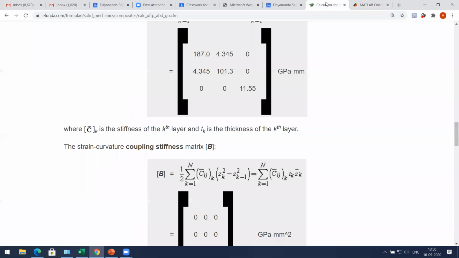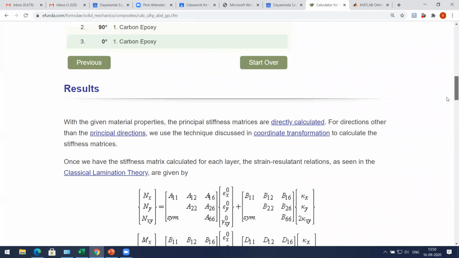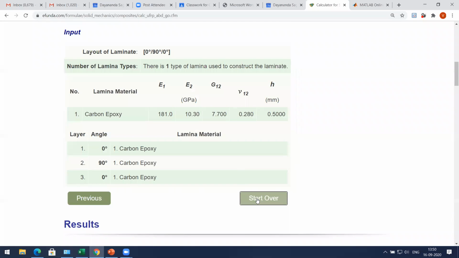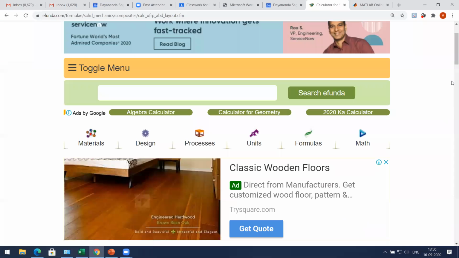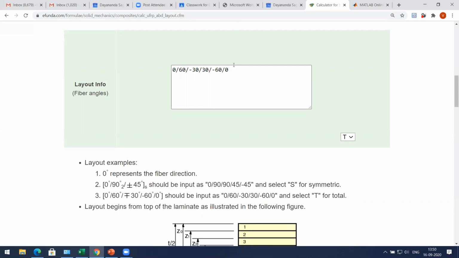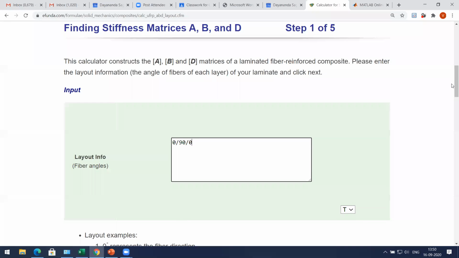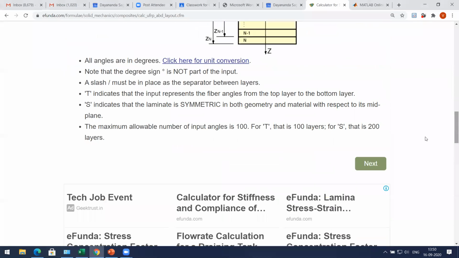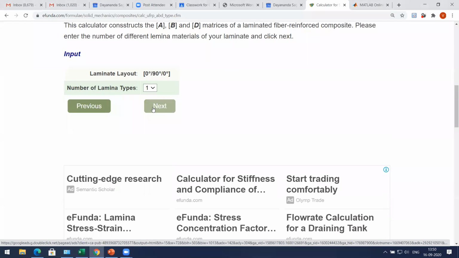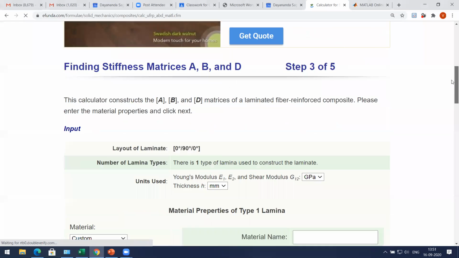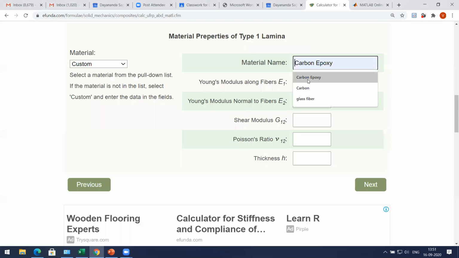Let's go back and check with the website. 0, 90, 0 was the laminate. It is carbon epoxy.